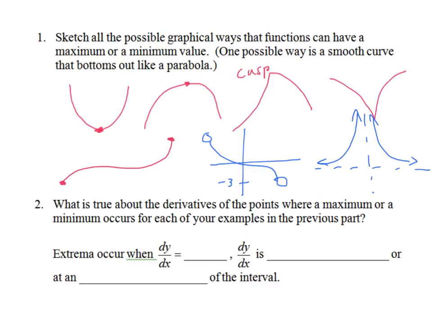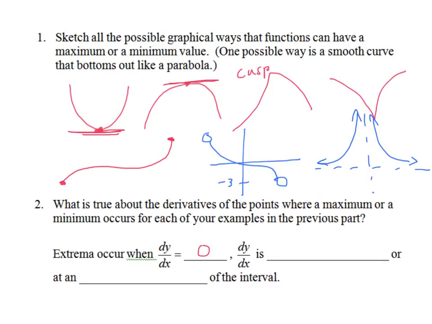What is true about the derivatives of the points where a maximum or minimum occurs for each of our examples? Well, certainly, I think we're pretty familiar now that with one of these cases where we've got a nice, smooth, rounded curve, our derivative is going to be 0, right? This is where the tangent line goes horizontal. So extrema occur when dy/dx equals 0, okay?